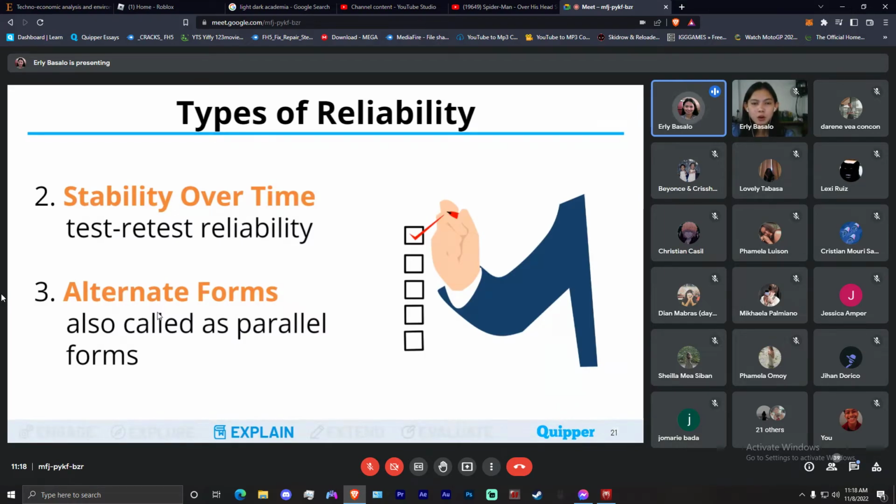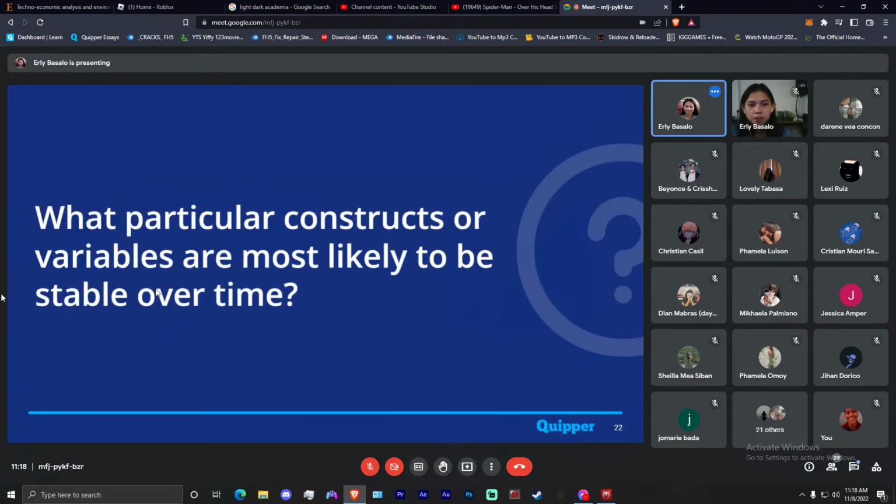More on stability over time is what student researchers commonly use. That is test, retest reliability. Next, we have alternate forms, also called parallel forms.